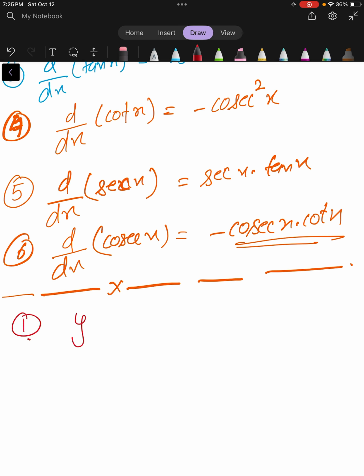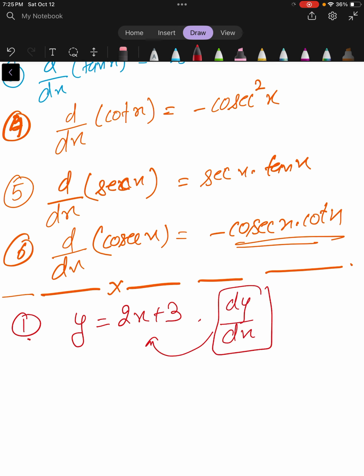Solve this question: y is equal to 2x plus 3. Then you have to find the differentiation, dy upon dx, of this function.